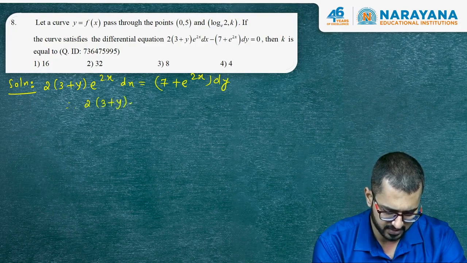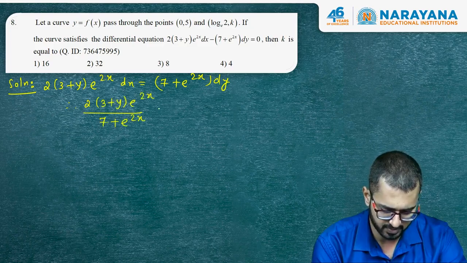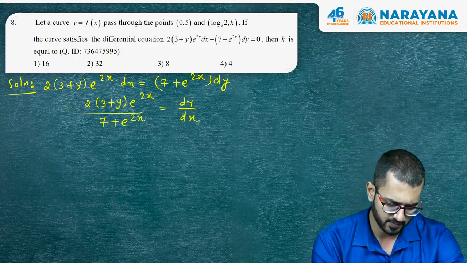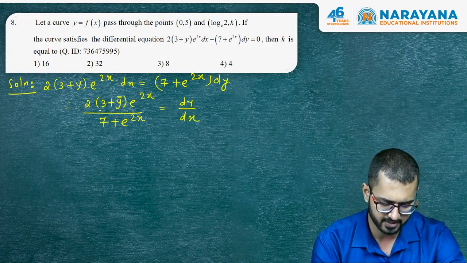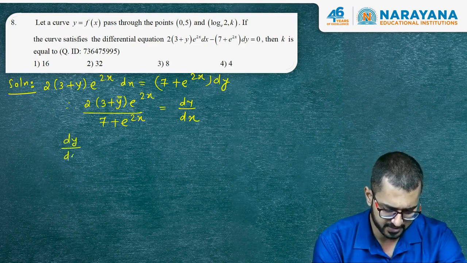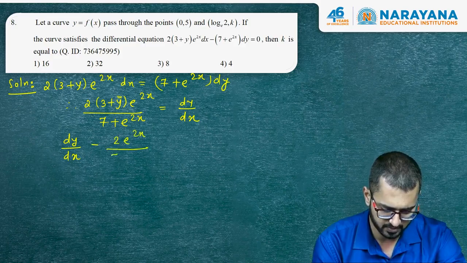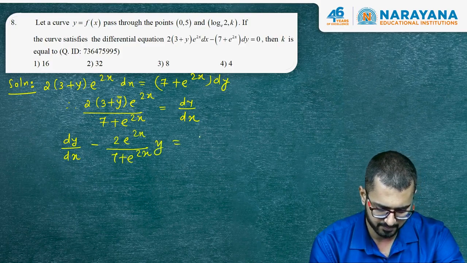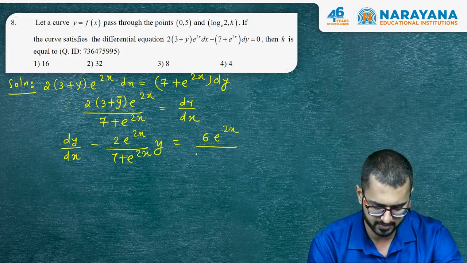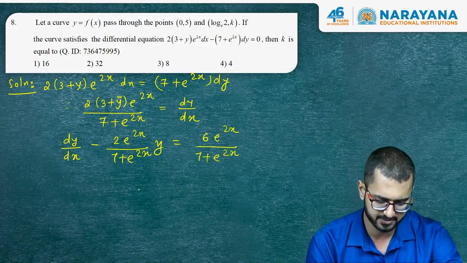I can write dy over dx as 2 times (3 plus y) into e to the power 2x over 7 plus e to the power 2x. Of course I have the presence of y here, so I should think of making it a linear differential equation. So dy by dx minus 2 e to the power 2x over 7 plus e to the power 2x times y is equal to 6 e to the power 2x over 7 plus e to the power 2x.